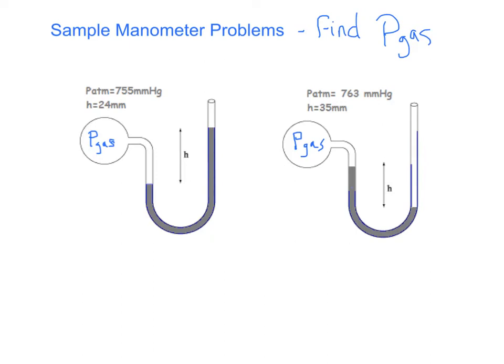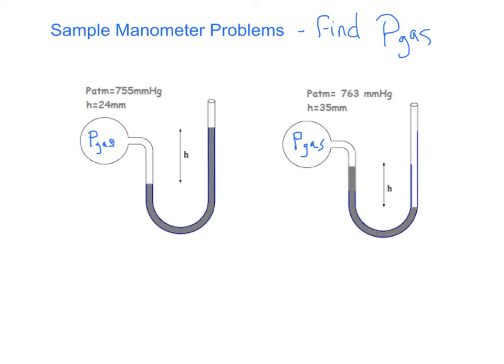Okay, so you're always taking that height and you're either going to add it to the atmospheric pressure, or you're going to subtract it. And that, to me, is the most difficult thing to decide. So here's what we want to decide. Which is going to be greater, the pressure of the gas here or the atmospheric pressure here?